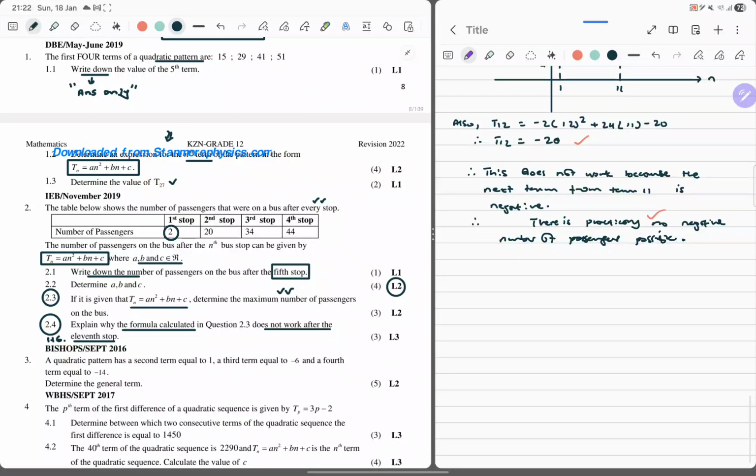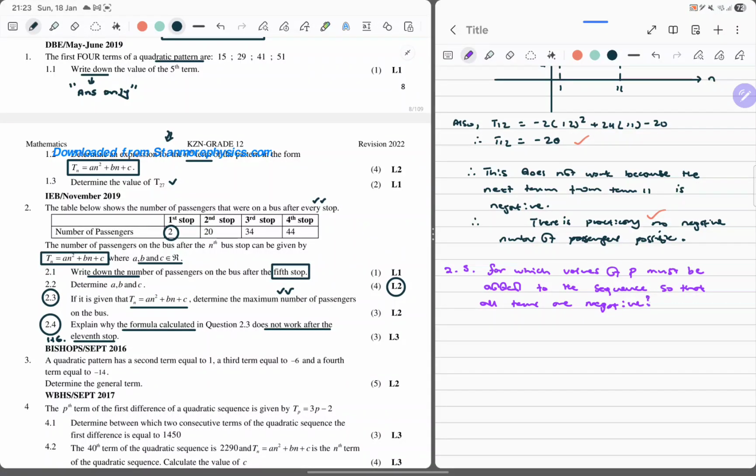Now we may be asked a question. So this is 2.5. This one says, for which values of P must be added to the sequence so that all terms are negative.